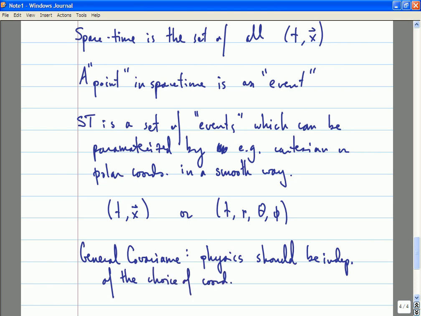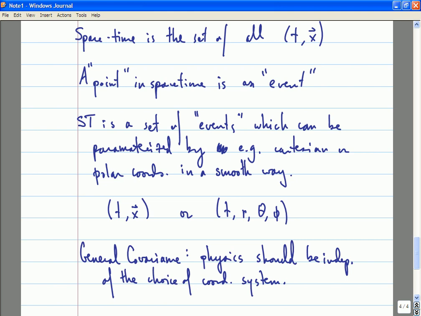So, for example, whether I choose to describe physics in special relativity using Cartesian coordinates or using polar coordinates should not have any influence on the outcome of physical experiments, should not have any influence on the actual physics.